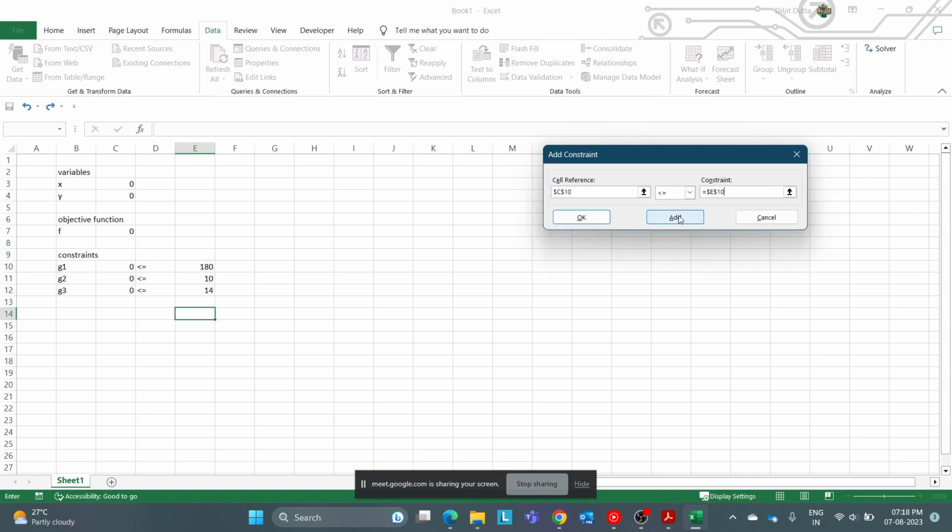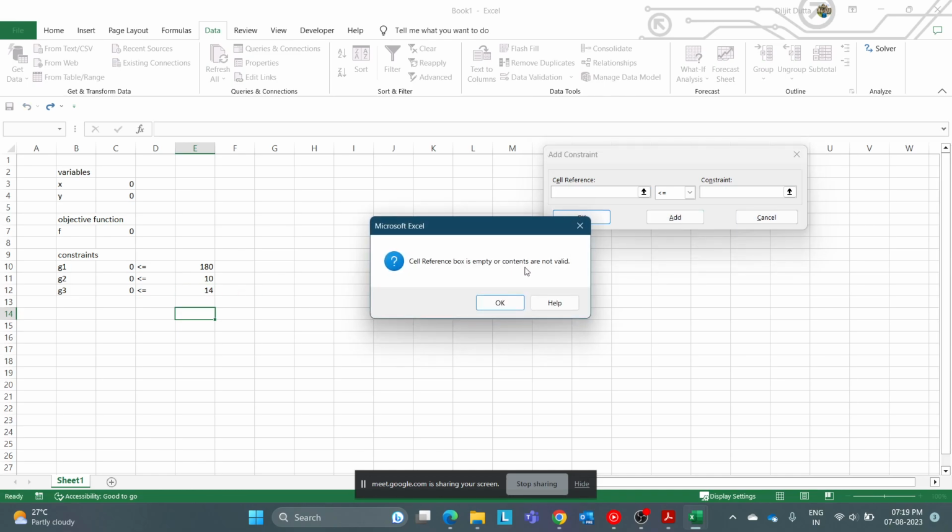We will add it. Then the second is x, we will select this, and here we will select this. We add, and the third constraint is this one, less than or equal to this, so add.